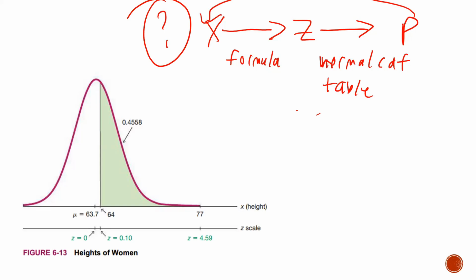But first, let me remind you how to use the calculator, especially if you weren't here before. The calculator is best for finding the area between two values. Notice above VARS, it says DISTR, which stands for distribution. Never use this top option; you will never have to use it for anything.